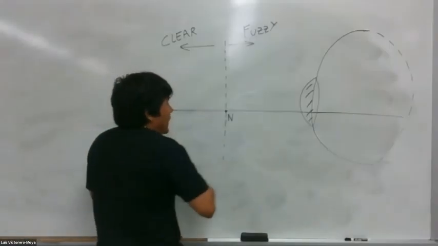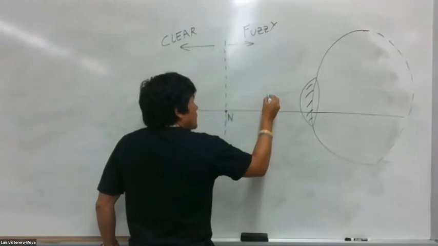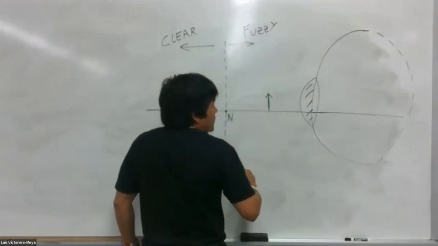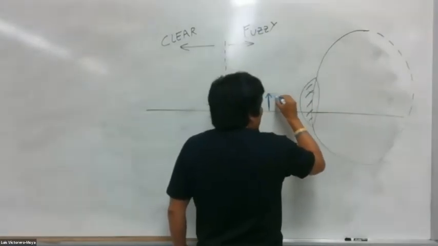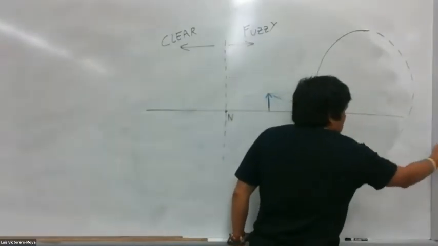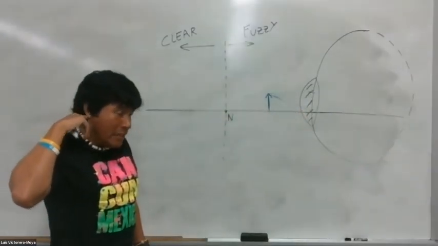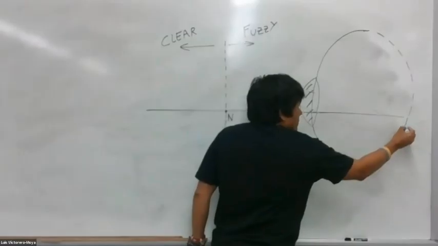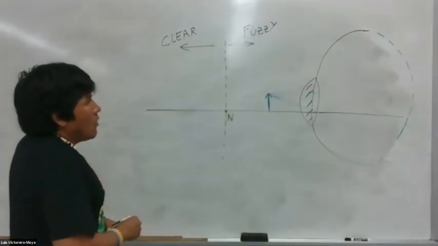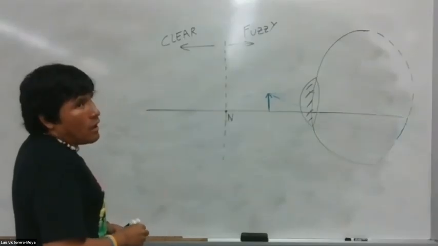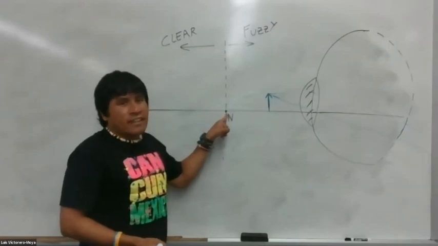But if I place an object here, too close to the eye, it becomes fuzzy because you are projecting all the way there. So you have a problem there, right? It's behind the retina. You want it to be here. We need to create an image of that object that is projected here.